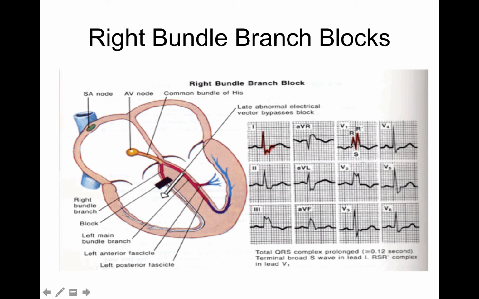So you're going to see this R prime R. You're going to have a higher deflection to the right, okay? It's very simple. The only thing I'm going to tell you about bundle branch blocks is that you cannot see a bundle branch block in a one rhythm strip. The best and only way to definitively diagnose a bundle branch block is on a 12 lead, in lead V1.